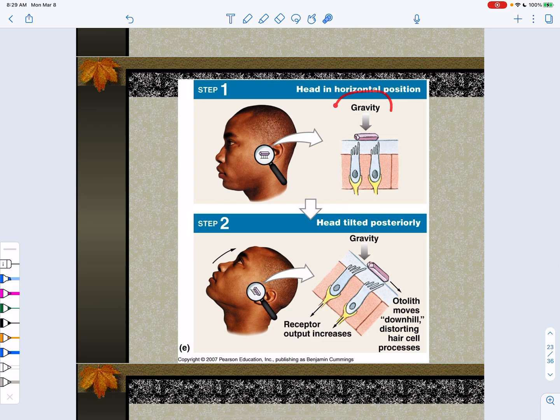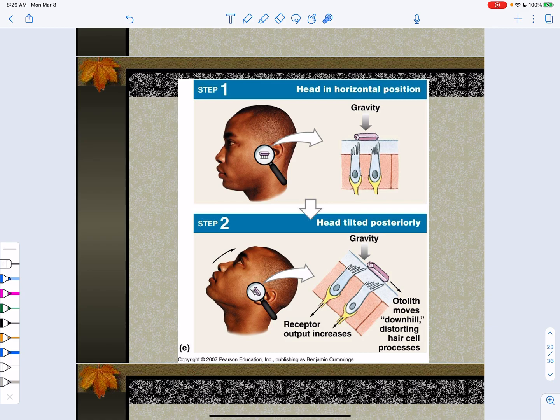So gravity is going to pull those otoliths down onto that gelatinous layer. And when they're stationary, those nerves are sending signals that you are balanced. When you tip your head back or look up, those otoliths are going to slide across the hairs, stimulating an action potential to be generated and sent to the brain, telling you that you're off balance.